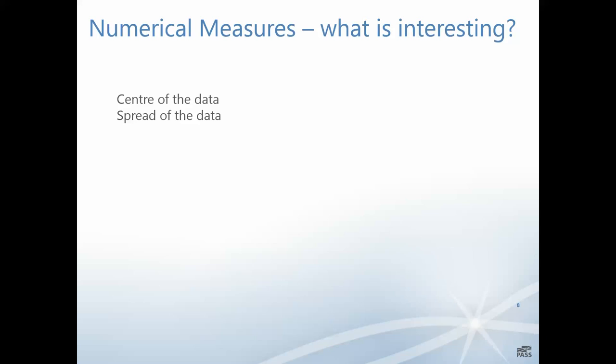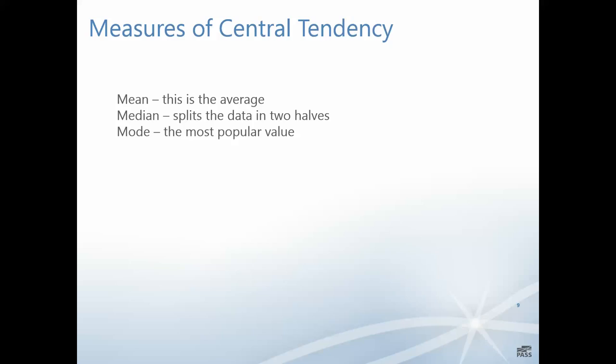So some of the most interesting things we are looking at is where is the centre of the data if we were to plot it, and also if we were to spread the data, how would that actually look? So we have the mean. The mean is simply the average. So we take the total, we add up all the points, and then we divide it by the number of points.